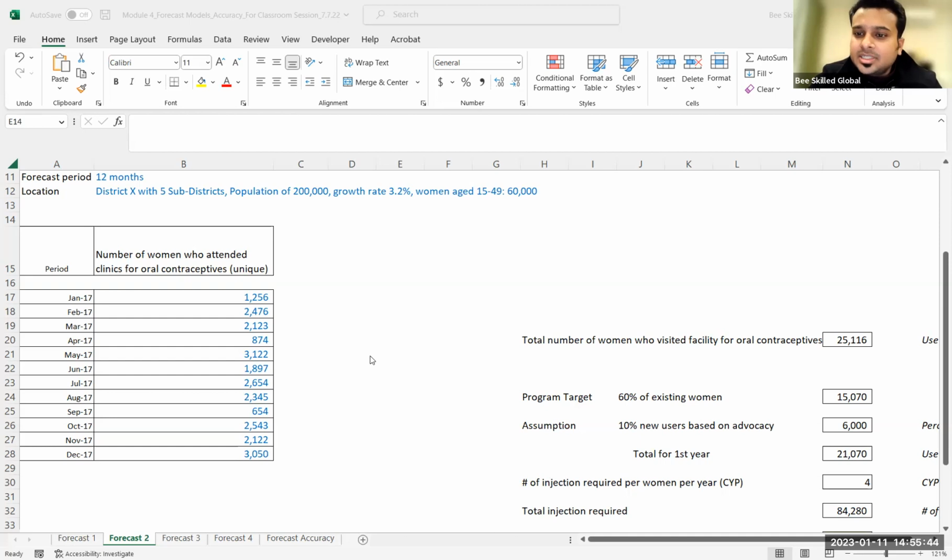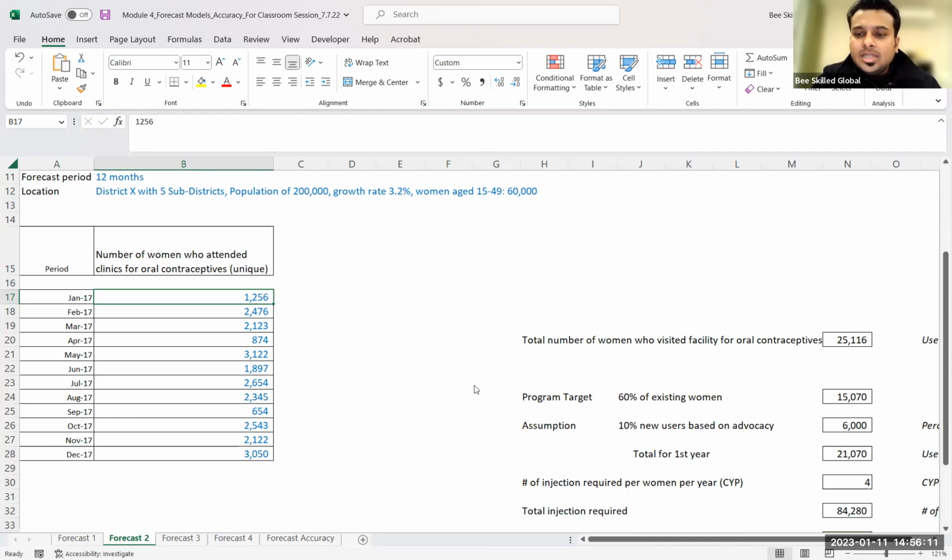Now, in District X, there is a repository of consumers. So we know month on month how many unique women attended the clinics or service delivery points to receive oral contraceptives. So this is the number now, and these are unique. I mean, these women may have come back again, but we're only talking about the unique number. Okay.